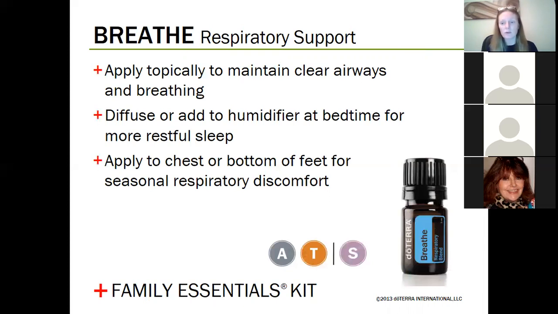So Breathe, if you suffer with asthma, COPD, any kind of lung problem or lung disease, then I would recommend that you use Breathe onto your chest, onto your back, in between your shoulder blades, and onto the soles of your feet, and definitely in a diffuser as well, especially during the night time, because that's really going to help to open up those airways and for you to be able to get a really good full lung of air.